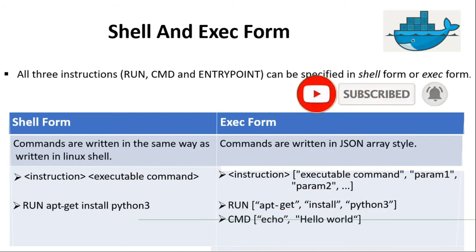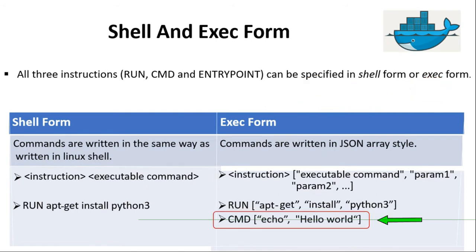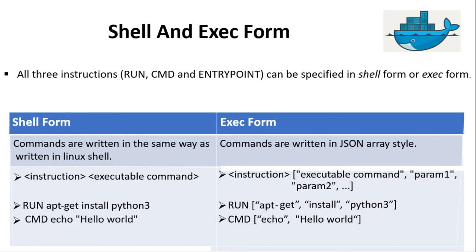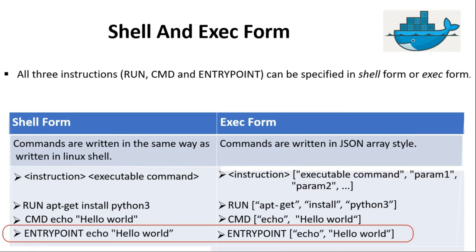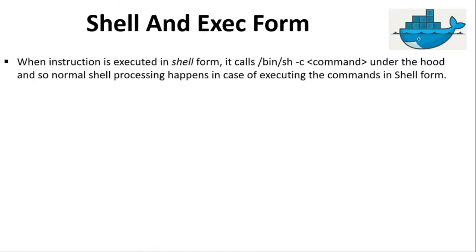Similarly friends, this is how the CMD instruction is written to print hello world using echo command in the exec form, and then the same CMD instruction when written in shell form looks like this. And now in a similar way friends, entry point instruction in the shell form and exec form looks the same as that of CMD instruction.